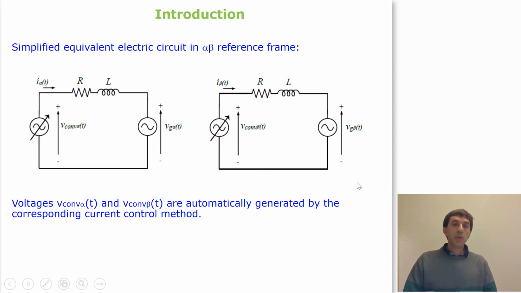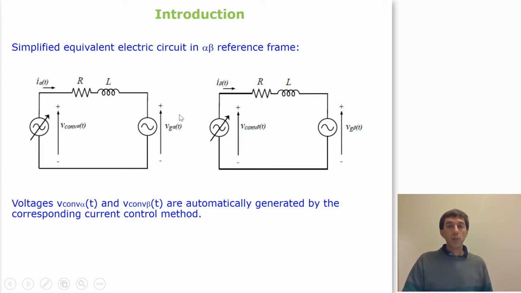Okay, so the simplified equivalent electric circuit in the alpha beta reference frame is represented in this slide. Here we have the alpha and beta components of the voltage created by the power electronic converter. Here we have the equivalent circuit for the filter, that in this case we have simplified a lot, and we are using only an inductive filter, but often these inductive filters present a small parasitic resistance, and this is the one, this resistance.